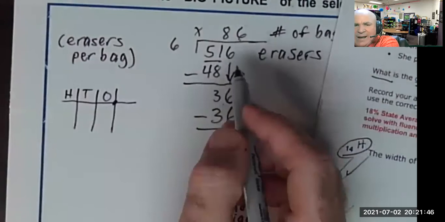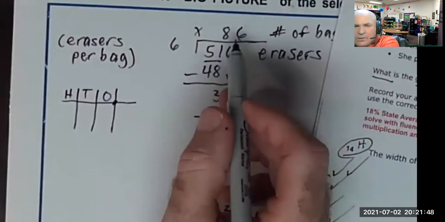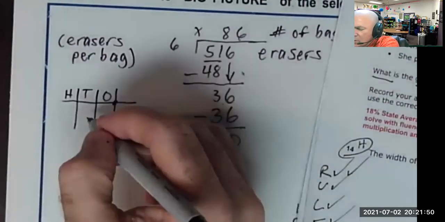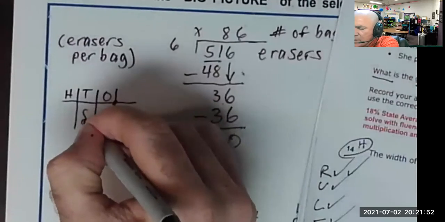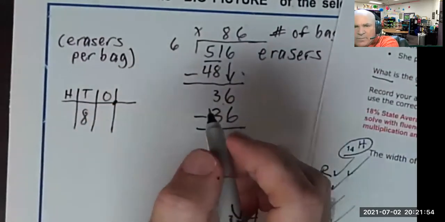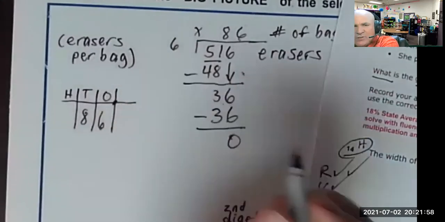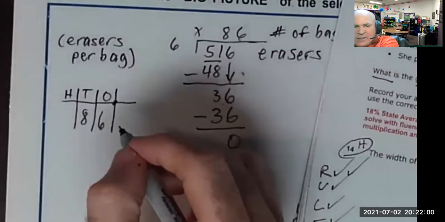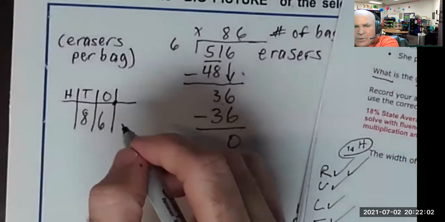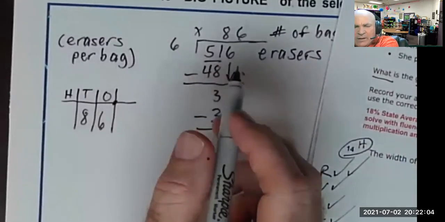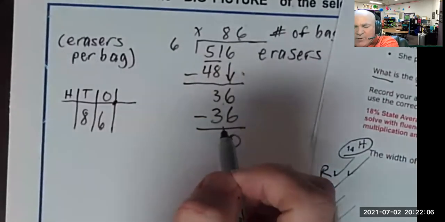So there's an 8 in the tens place for our quotient, a 6 in the ones, and so the answer would be 86 bags would be the most that I would need because I would then run out of erasers.